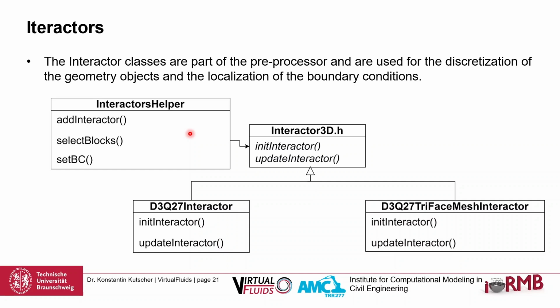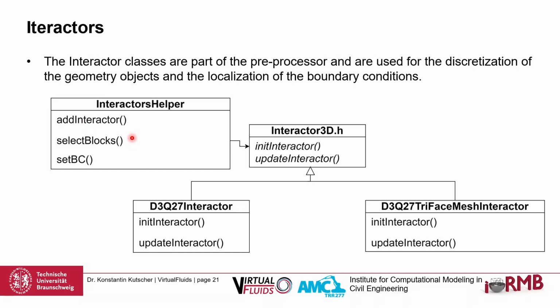You only need to use three functions. Add interactor, we will see this later in the hands-on, but I can briefly explain. You add an interactor to the helper and call select blocks.